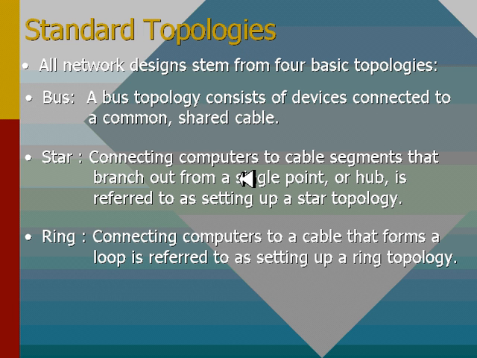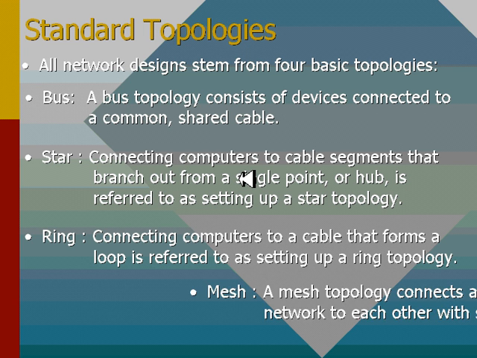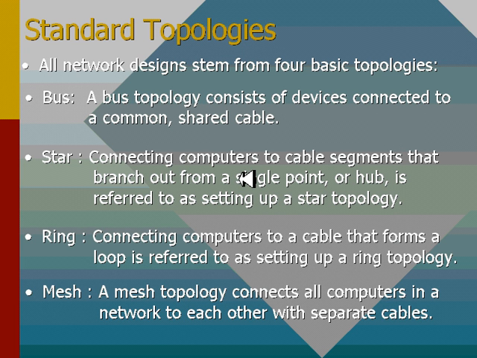Ring: connecting computers to a cable that forms a loop is referred to as setting up a ring topology. Mesh: a mesh topology connects all computers in a network to each other with separate cables.